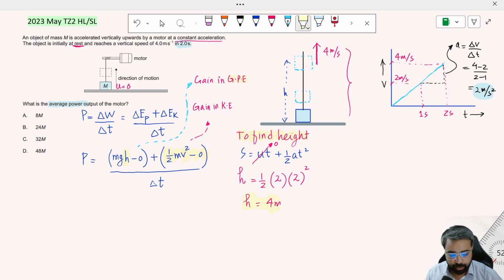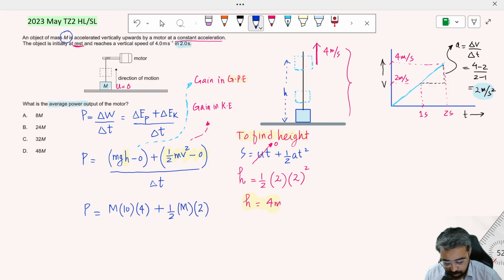Now we have all the values, so we can plug the values here. We are not given a specific value for the mass, it is just m that we will write here. So m into 10 into height, which is 4, plus 1 over 2 into m, velocity at 2 seconds was, no, it was 4, so 4 square, divided by 2 seconds.